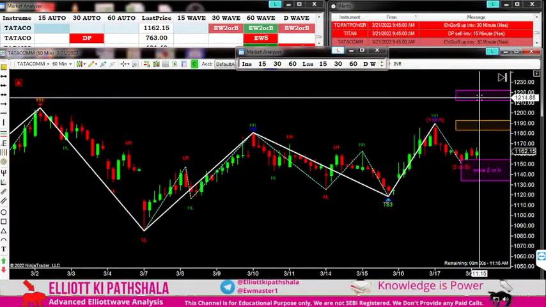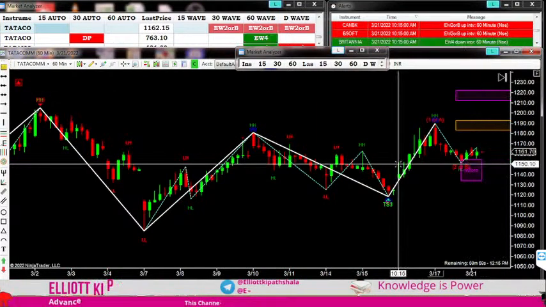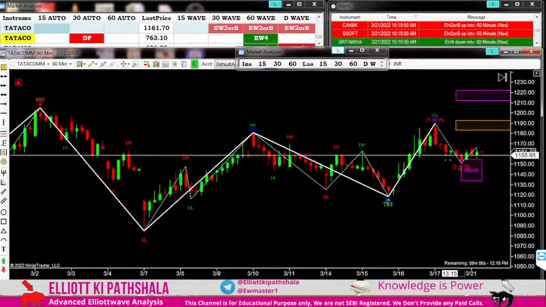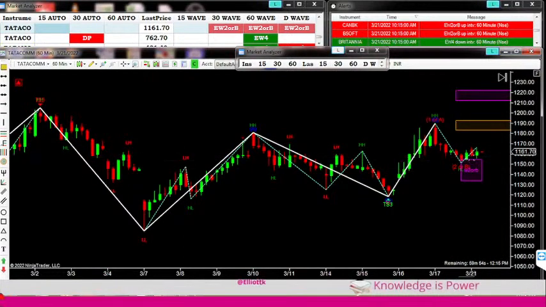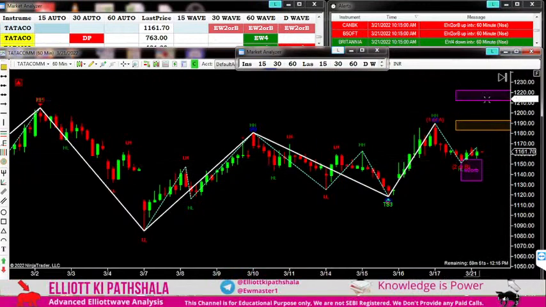You understood? So this is how we will be predicting the levels, and if at all I am giving the stop loss, I will be giving a very small stop loss from this level for a bigger target.